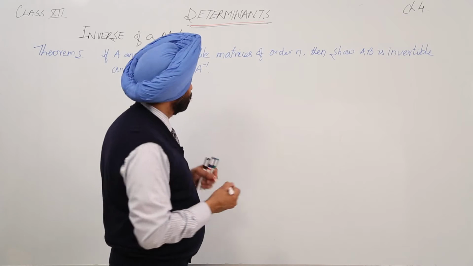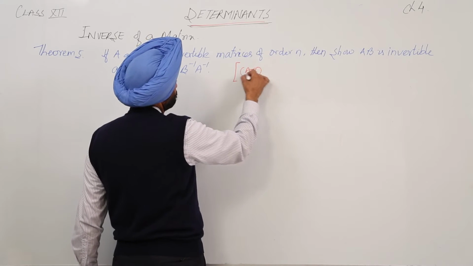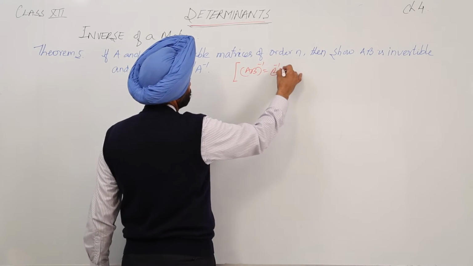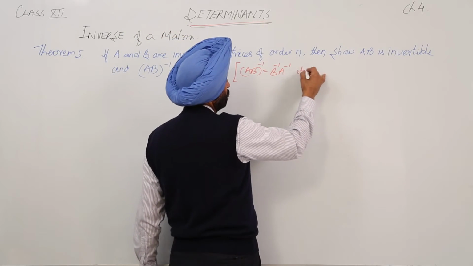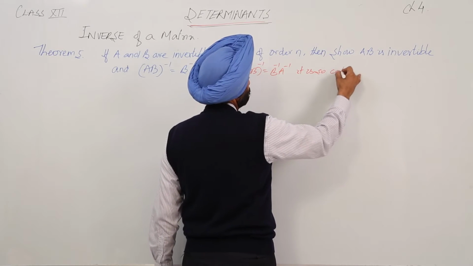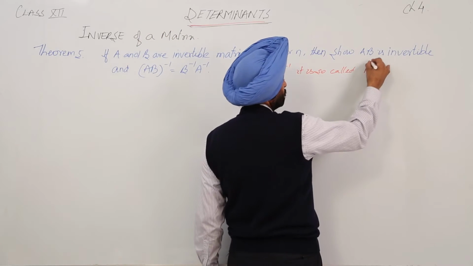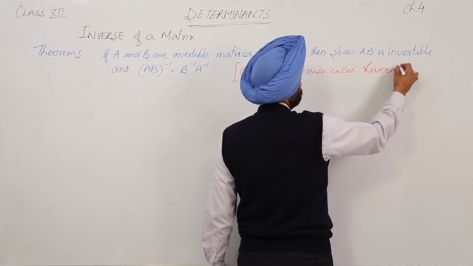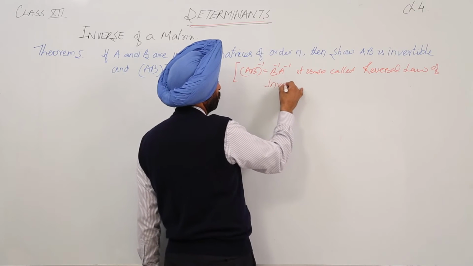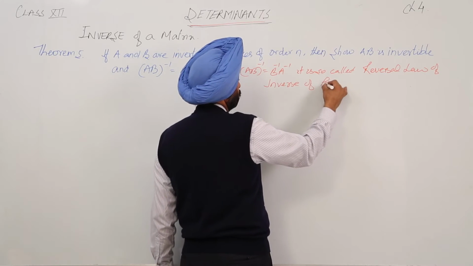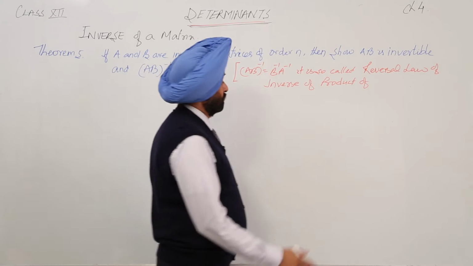I am just going to write something here: AB inverse is equal to B inverse A inverse, and sometimes it is also called the reversal law of inverse of product of matrices.